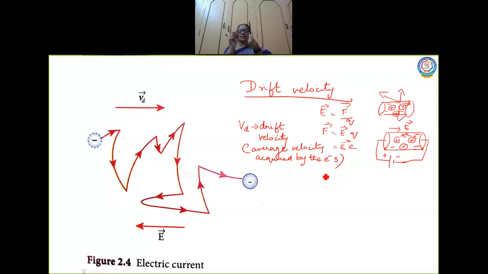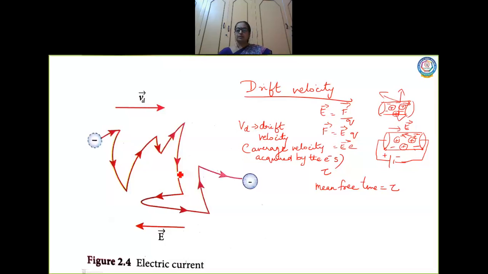Suppose the electron hits this positive ion, goes somewhere, then comes back and hits the positive ion again. What is the time interval between two successive collisions? You call it relaxation time, represented by tau. The average time between two successive collisions is called mean free time, which is represented as tau.